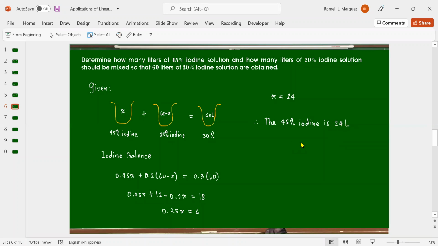Okay? And the 20% iodine is what? 60 minus 24? 60 minus 24, 36 liters. Okay now, guys? Children? Any question with this? Okay.